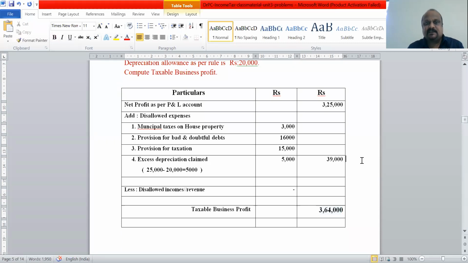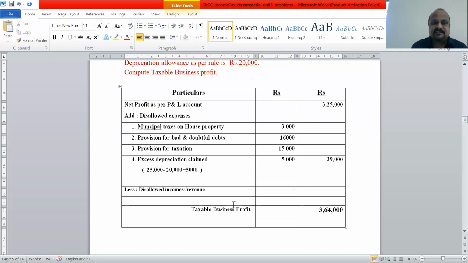You can see here, he has mentioned that 3,25,000 is what he is claiming as net profit, but as per income tax rules, he has to pay tax on 3,64,000, not the 3,25,000 that he has mentioned as per his P&L account.